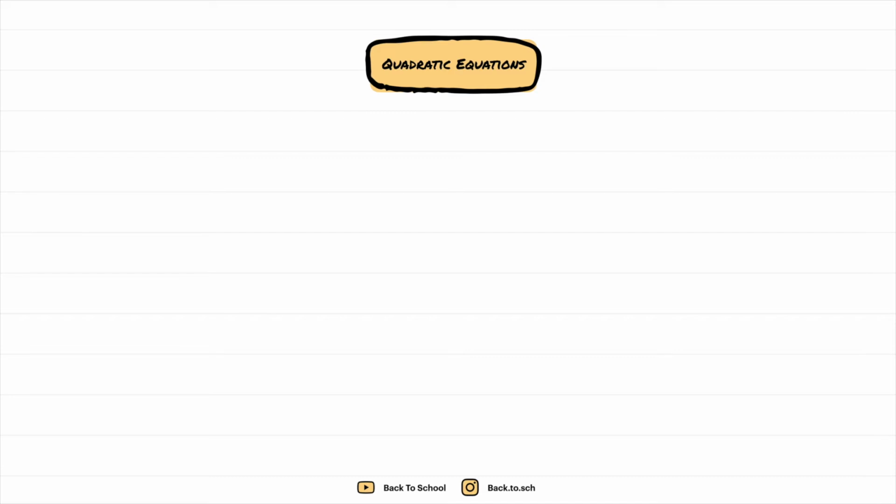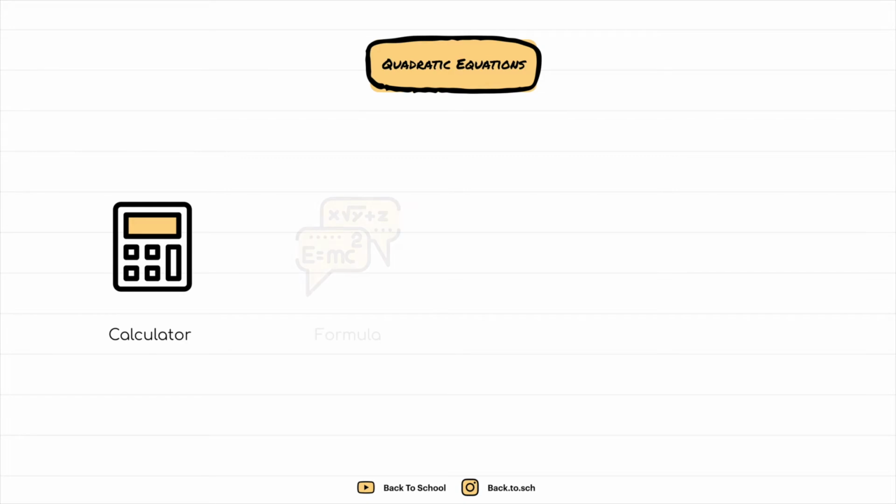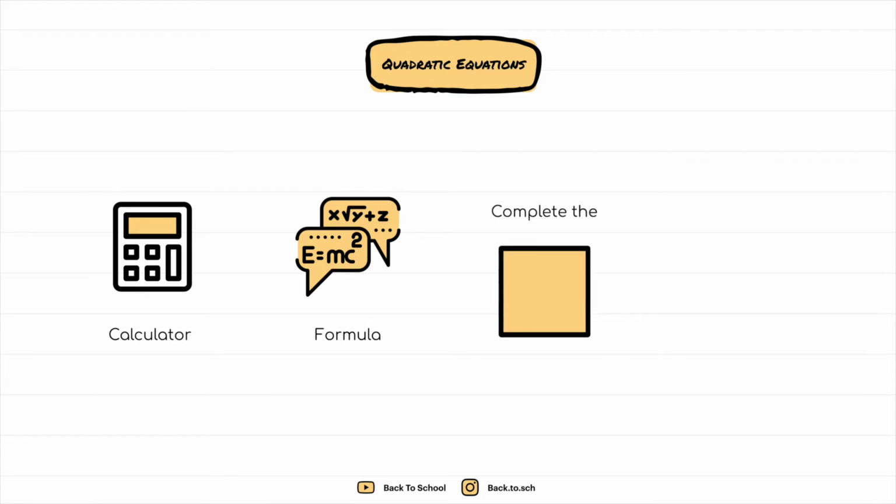So when I say quadratic equations here, I'm not talking about the various mathematical techniques that you have learned in school to solve quadratic equations. Your technique of moving everything to one side, pressing the calculator, or using the formula negative b plus minus square root of b squared minus 4ac over 2a to solve, or even completing the square.